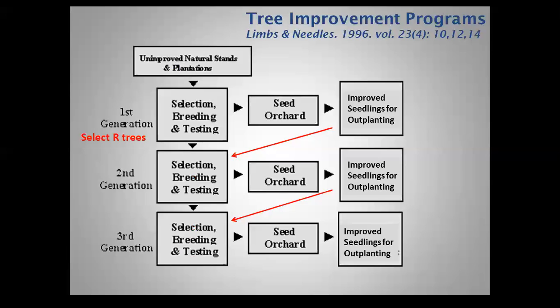So this slide is depicting that process, where in the first generation of selection, breeding, and testing, a seed orchard is developed, and that produces improved seedlings, much like how I tried to diagram in my cartoons just before. But you can also then select from those seedlings recurrently and then start a second generation. So again, in each generation, you're continuing to enrich for the trait of interest, being resistance in this case.